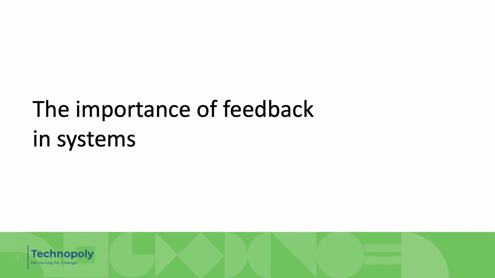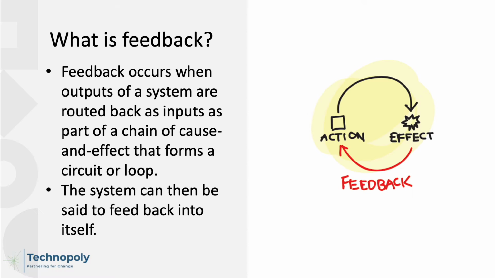When trying to understand behaviors of systems, we now try to understand a fundamental concept, and that concept is called feedback. Feedback is a very key element of understanding how systems behave. So what is feedback?